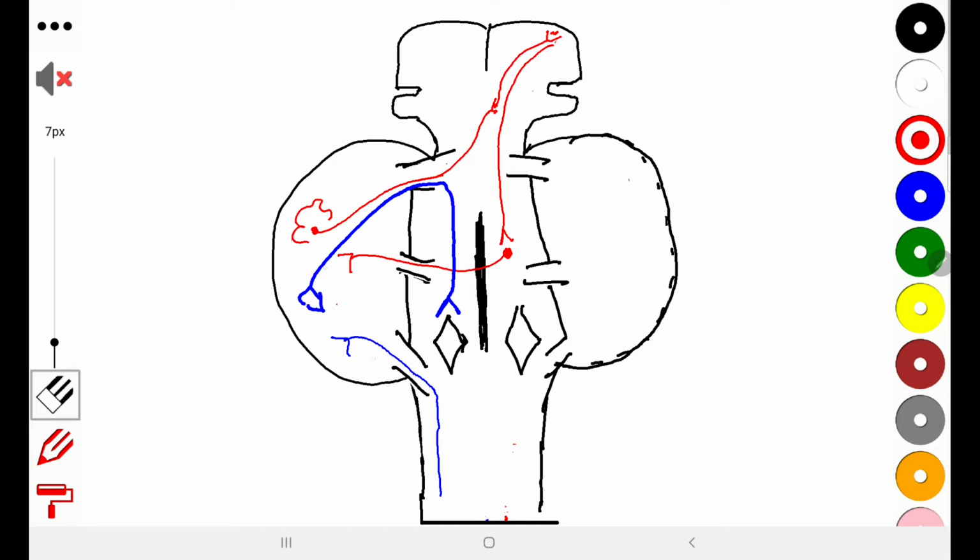And after it undergoes the circuitry modifications, circuitry fine-tuning in this case, it comes out through the fastigial nucleus, and synapses on the vestibular nucleus, and also on the reticular formation.